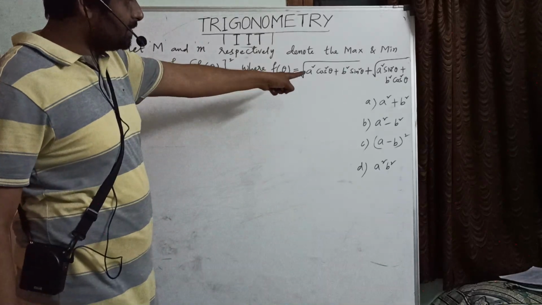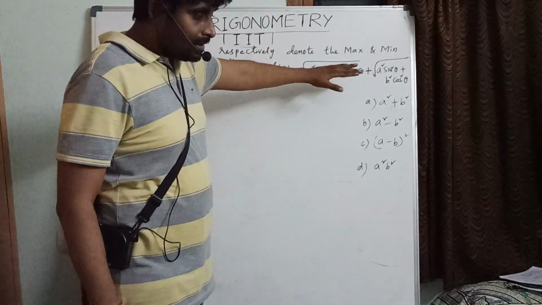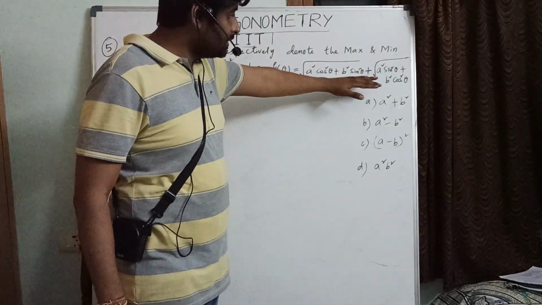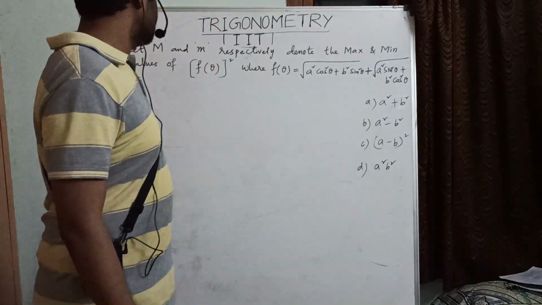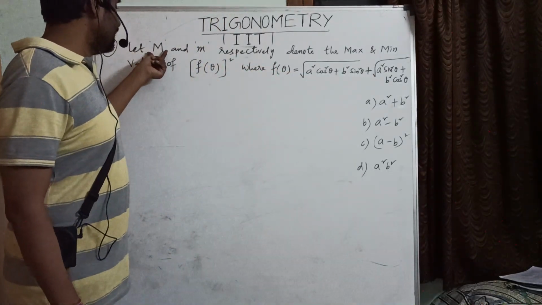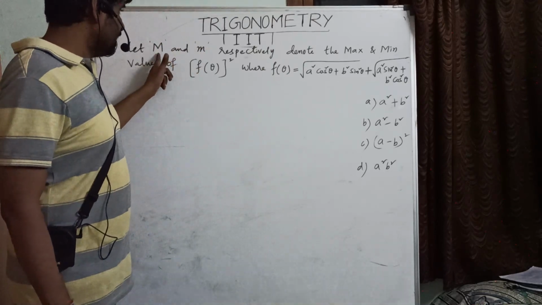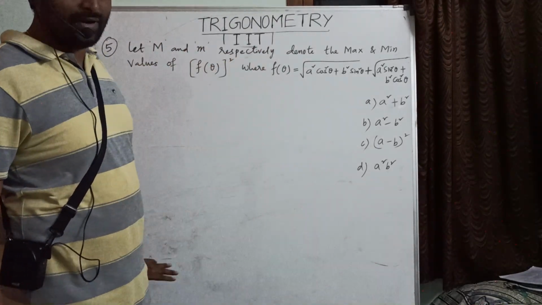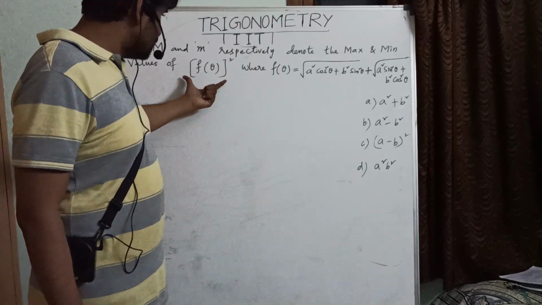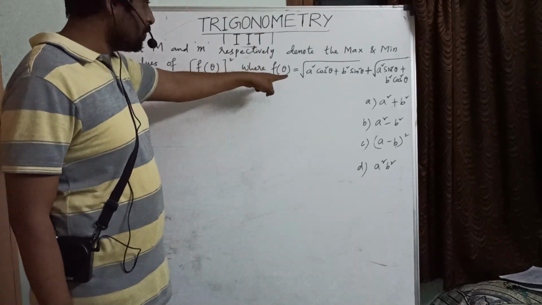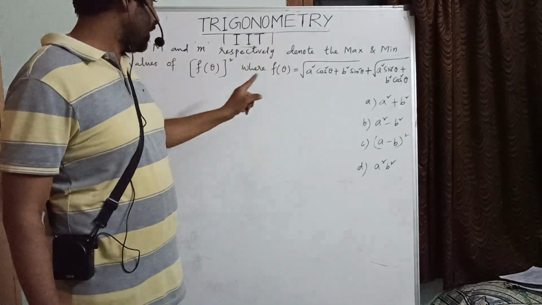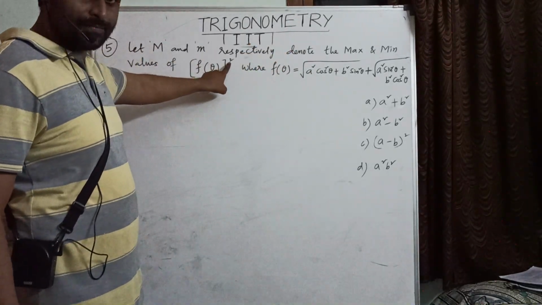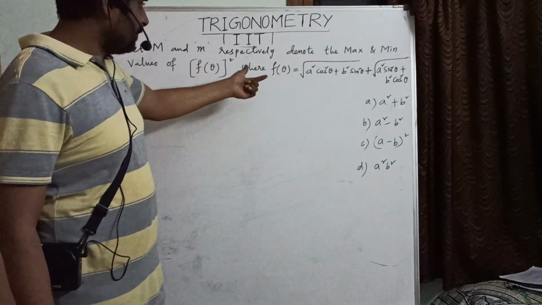That is the expression given in cos theta and sin theta terms. Capital M is the maximum value, small m is the minimum value of this expression whole square, f of theta square. Now where f of theta is given.